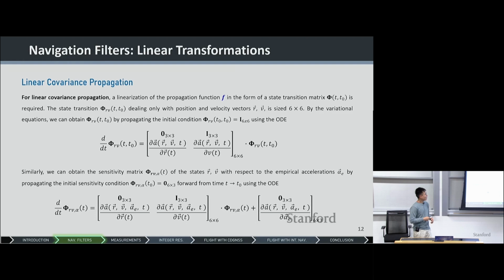So how do we actually get the state transition matrix at some arbitrary t? We know that we have the initial condition: a state transition matrix between the same time step is basically identity. So if you have an initial condition and you have an ODE, you can do an integral to get what your state transition matrix is going to be in future.